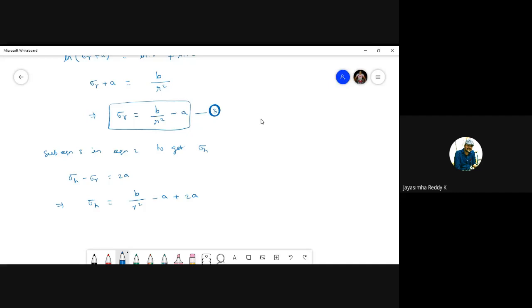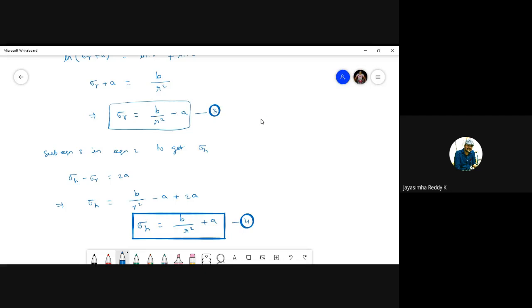So sigma h will become b by r square plus a. So these two are the equations for hoop stress and radial stress. Is it clear, students? This is the derivation for hoop stress and radial stress.